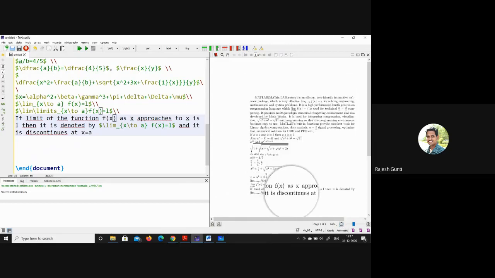The limit of the function. So it is not mathematical. f of x is not in mathematical format. x is not in mathematical format.